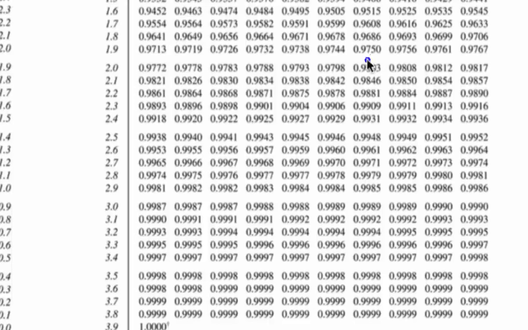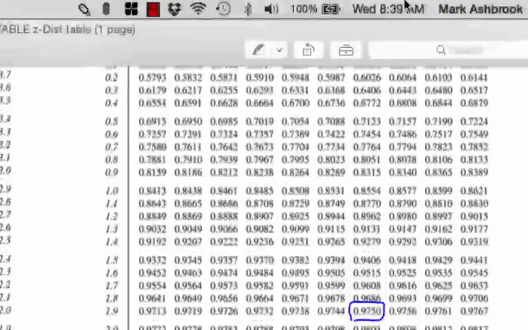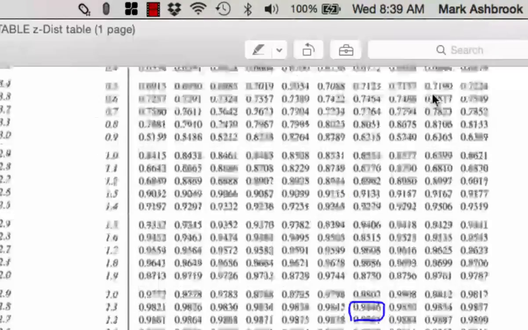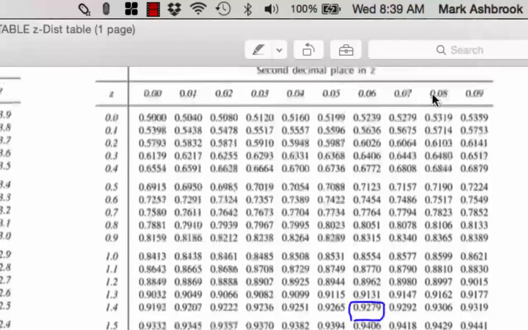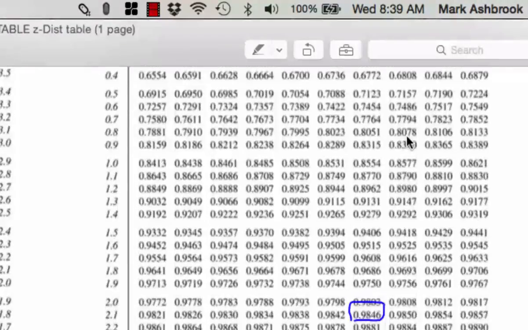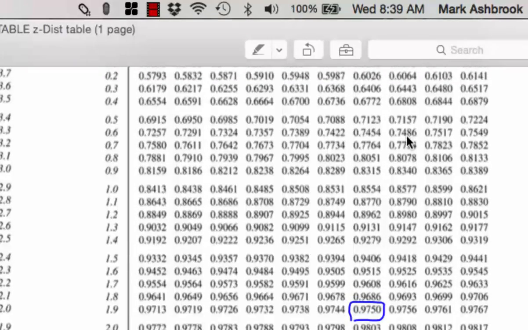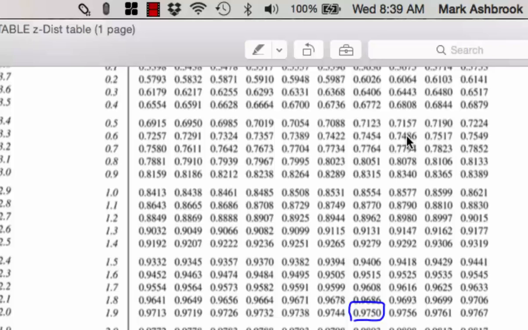There it is. So the z-score is 1.9 something. What is it? 1.96. So we're in the column of the 0.06. There it is right there. So therefore z sub 0.025 equals 1.96.